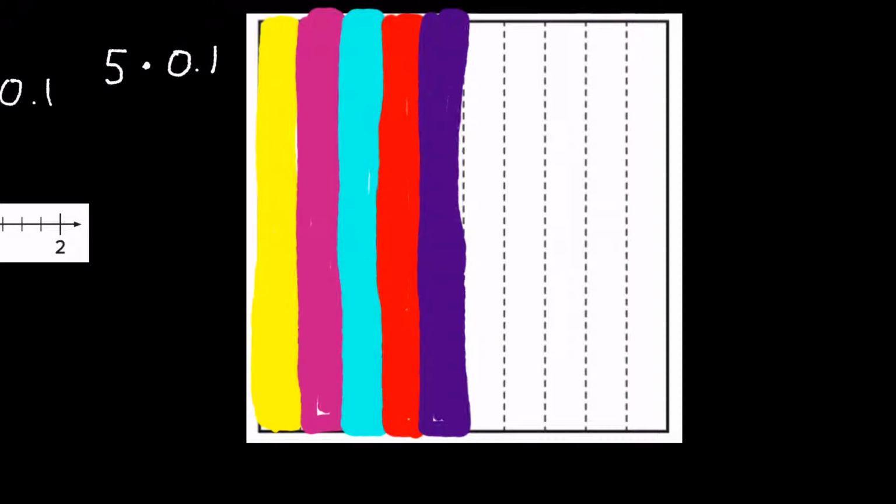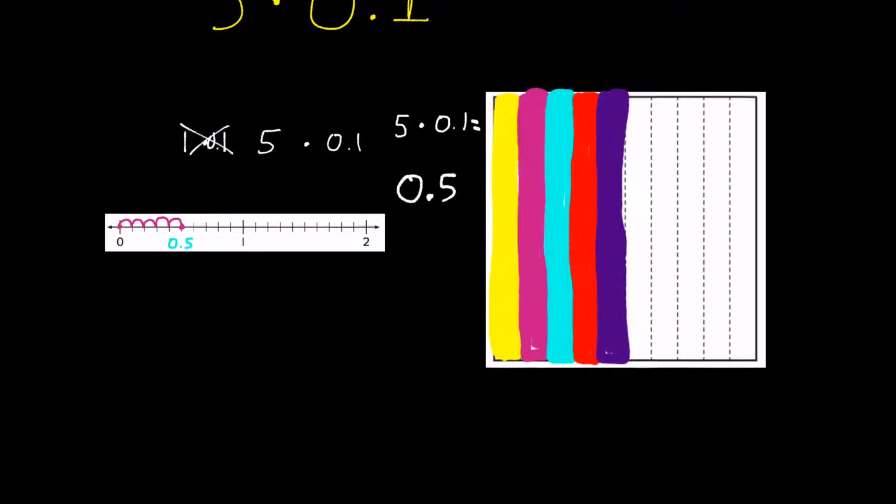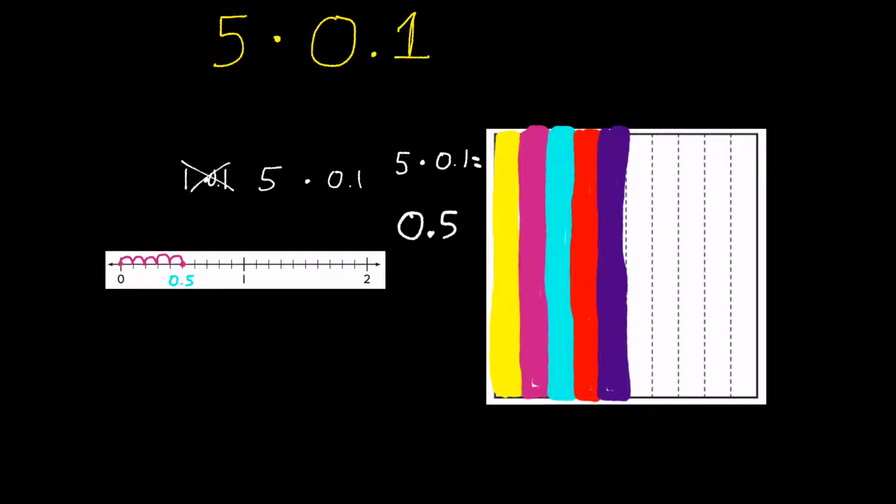So our answer, using this model again, is 0 and 5/10. 5 times 1/10 is 5/10. So there we have it. We've just modeled in 2 different ways the same problem, 5 times 1/10, using a number line over here and using a grid over here.